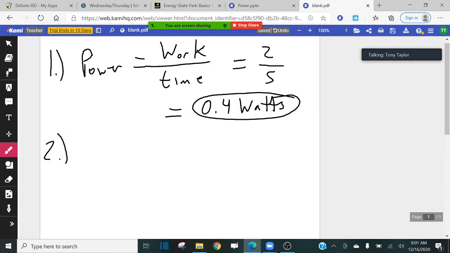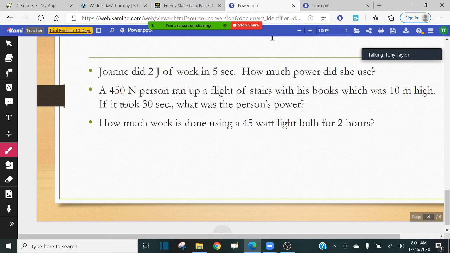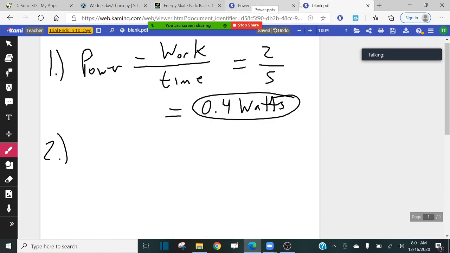Let us keep going. Let us look at number 2. A 450 Newton person ran up a flight of stairs with his book, which was 10 meters high. If it took 30 seconds, what was the person's power? So remember, power is work divided by time.